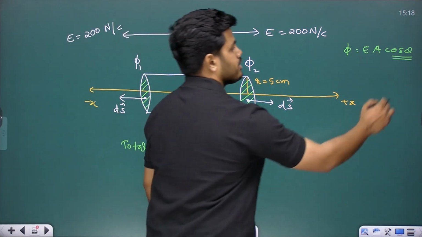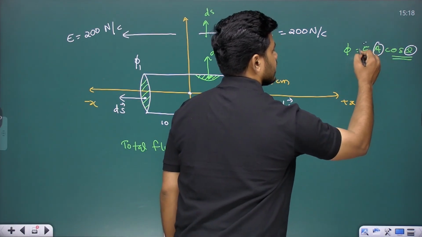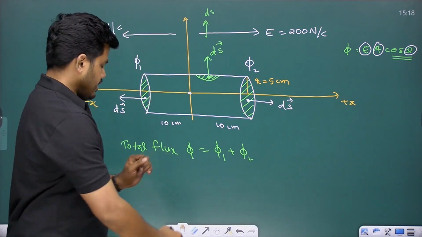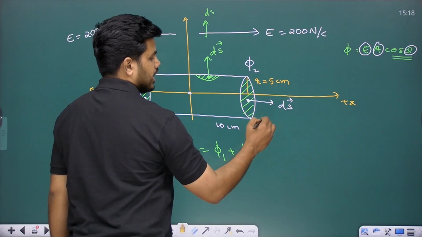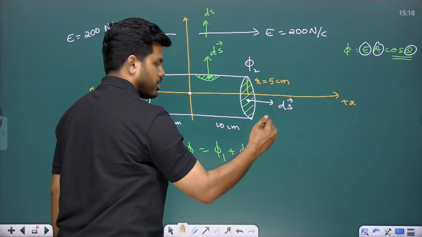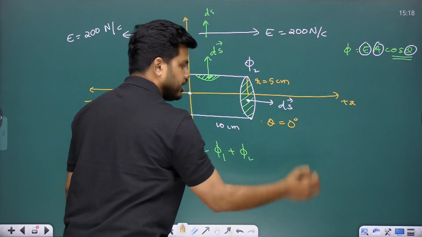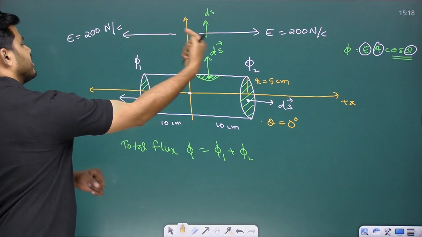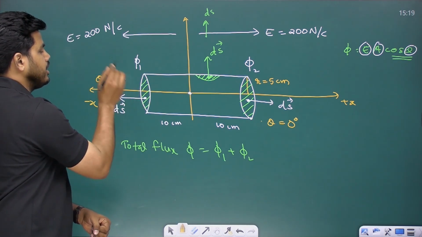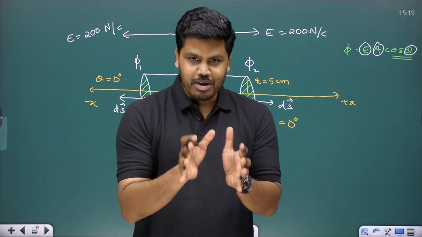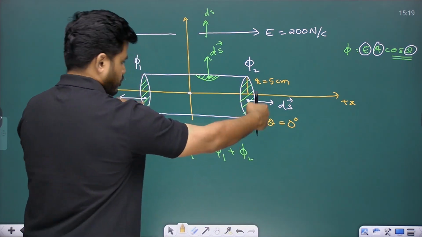We need theta, the angle between the area vector and the electric field. For the right face, the electric field is towards right and the area vector is also towards right, so theta is 0 degrees. For the left face, the electric field is towards left and the area vector is also towards left, so theta is 0 degrees. There will be positive flux for both faces.